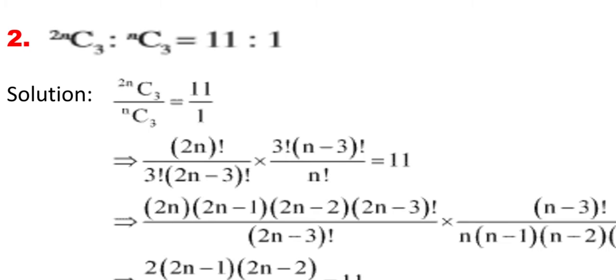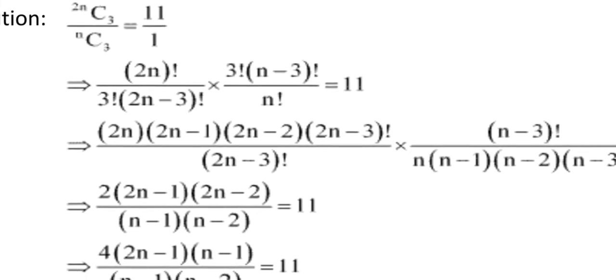So factorial 2n divided by factorial 3 into factorial 2n minus 3, and nC3 we can write as factorial n by factorial 3 into factorial n minus 3, and since it is division we can take the reciprocal. So it will be like this, equal to 11 by 1, which means 11.